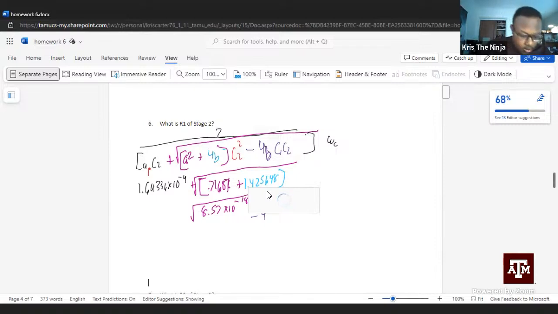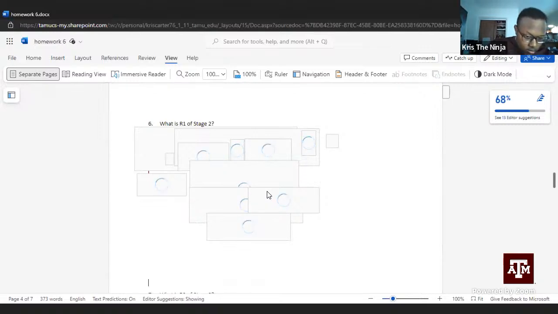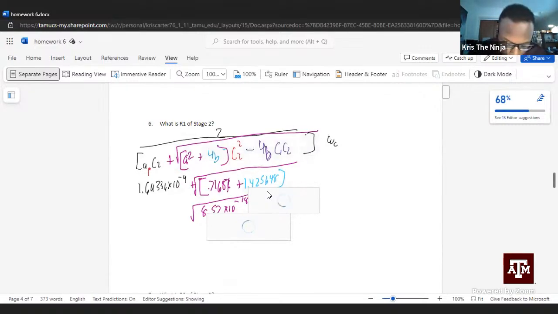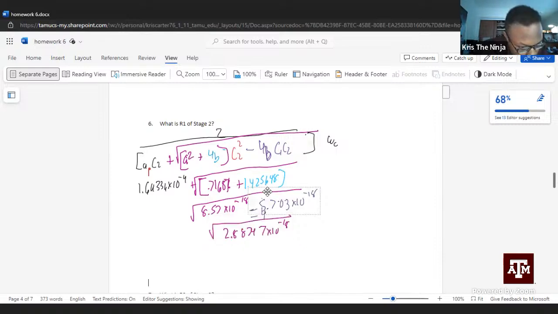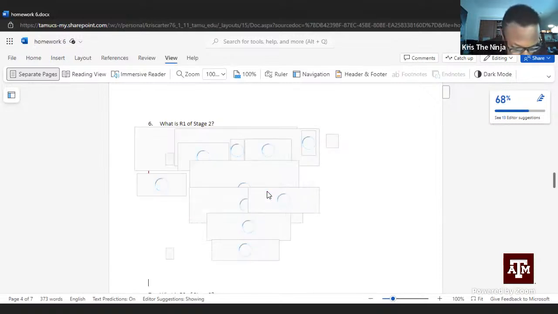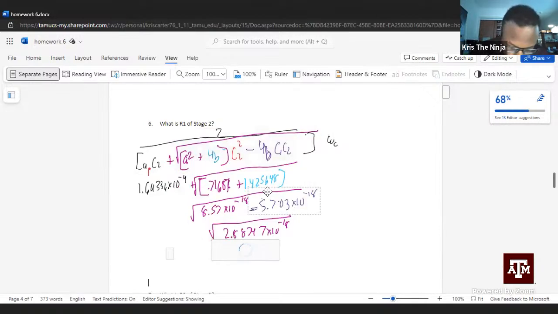Okay, and then that gives us a value of 1.69336 times 10 to the minus 9. That we can now put with the 1.69336 times 10 to the minus 9.